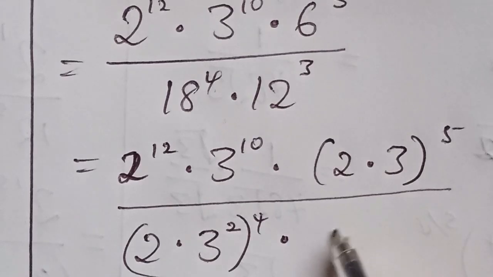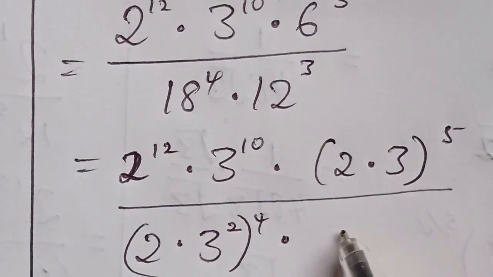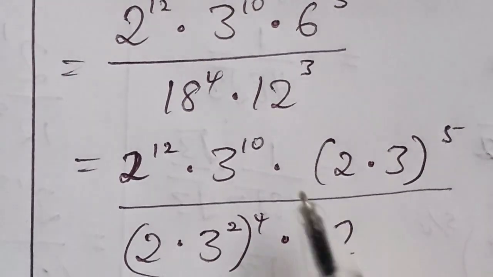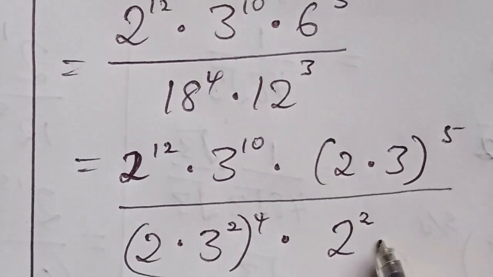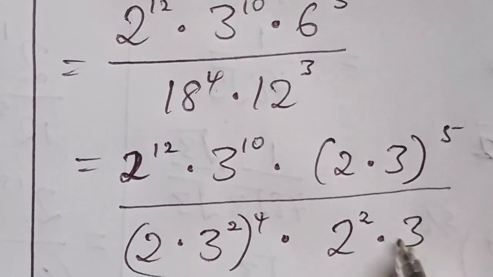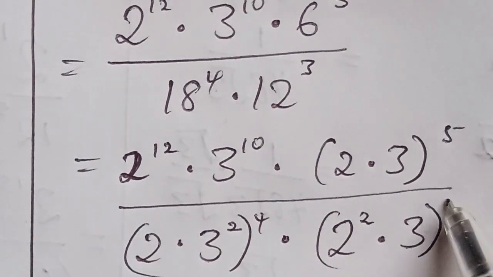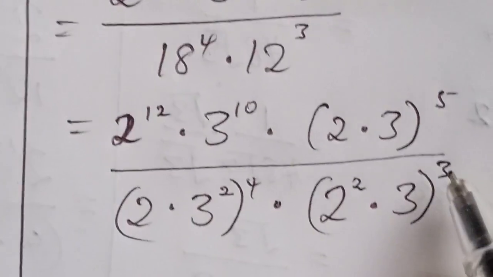That will be multiplied by 12, which can be written as 2 squared multiplied by 3, everything in brackets to the power of 3.